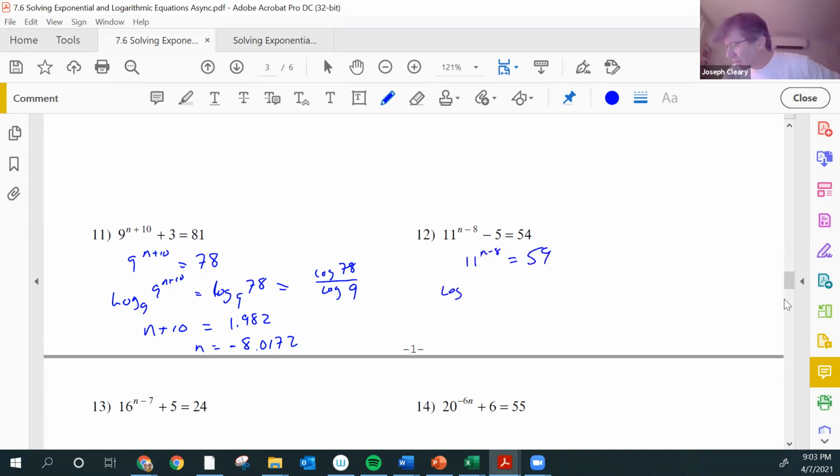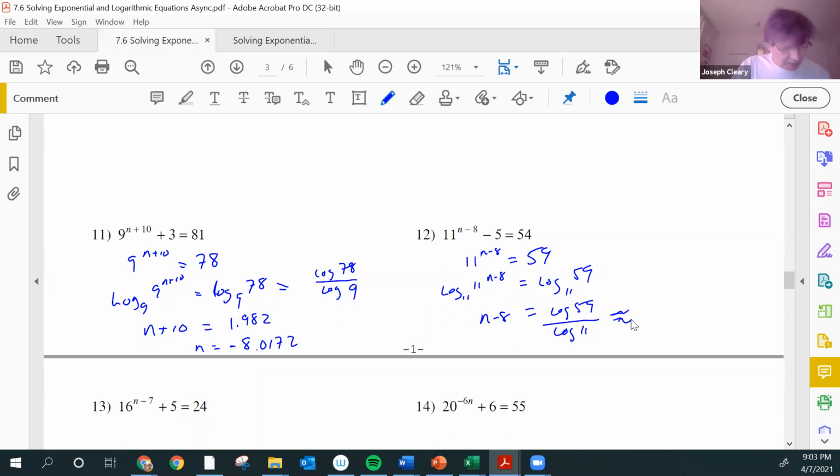So log base 11 of 11 to the n minus 8 is equal to log base 11 of 59. And so I get n minus 8 is equal to log of 59 over log of 11, which is approximately 1.7.